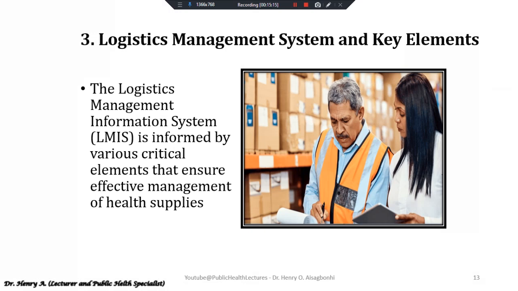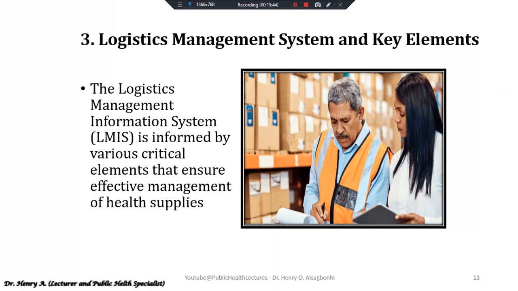Logistics management system and key elements. Now, let's move on to the core elements that make a logistics management information system functional. The LMS integrates data and operations to ensure that health commodities flow smoothly from suppliers to service delivery points.